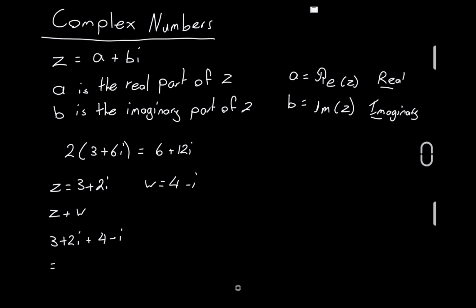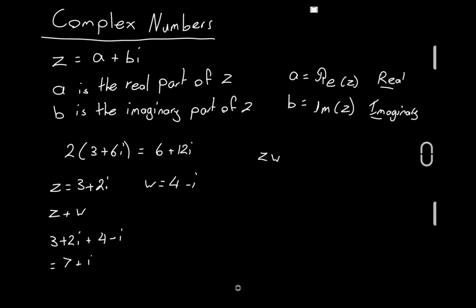So 3 plus 4 will give us 7, plus, so we've got 2i take i will just be i. So perform the same operations as what we've been doing. If I was to go minus, it would still work out the same.